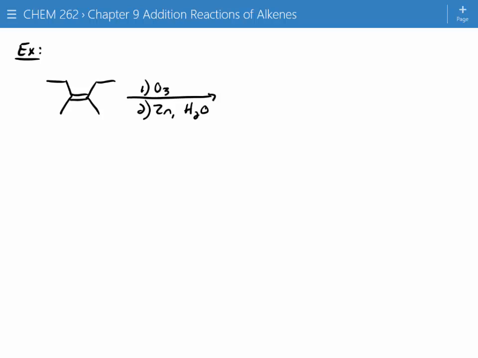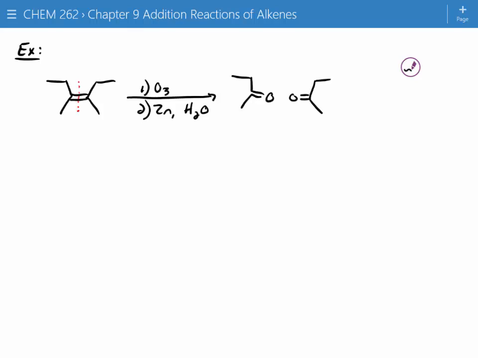So what would happen if we split this double bond? Would our product be a ketone or an aldehyde? Ketone. So let's take our pretend scissors, cut this double bond, and we know if we do this, we're going to get a ketone there and a ketone there.